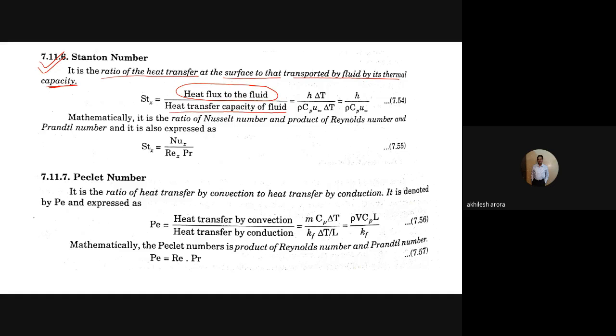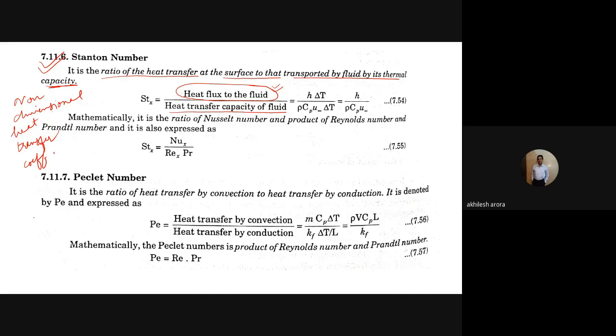Rather than the definition, you can also call it a non-dimensional heat transfer coefficient. So Stanton number is nothing but the non-dimensional heat transfer coefficient.